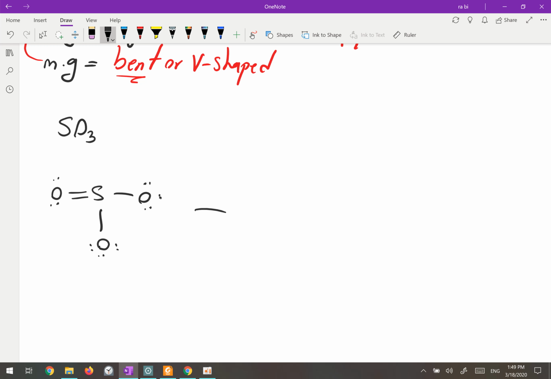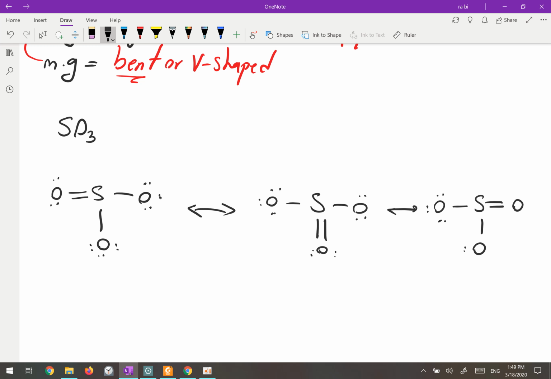Let's draw the rest of them. For the next one, you have the double bond here. So the position of the double bond changes in the resonance structures. And for the last one, the double bond is between the sulfur and the oxygen at the right side. These are the 3 resonance structures for SO3 that we have.